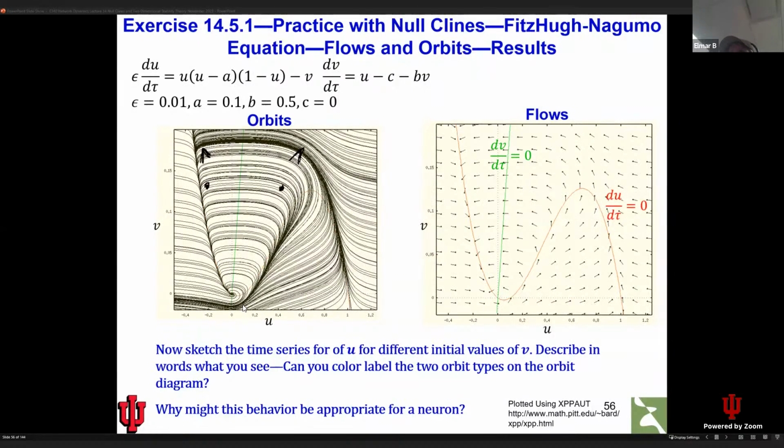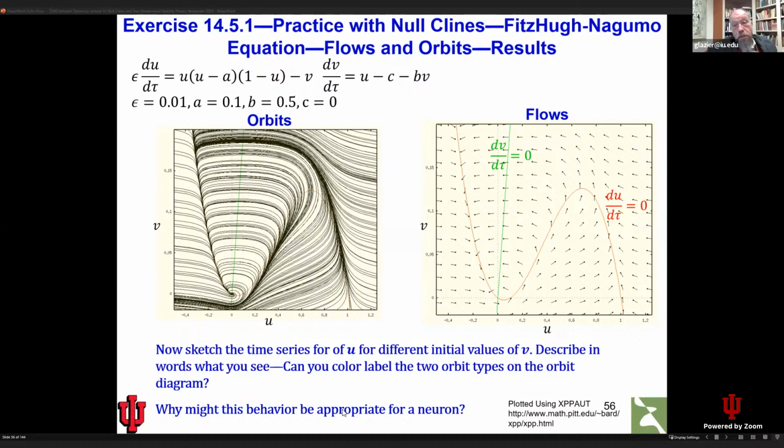Okay. Can anybody tell me why this might be appropriate for a neuron? What do neurons do? I mean, the frequency is important, and then they fire. What does firing mean? Fire means that they let calcium from one synapse to the next.